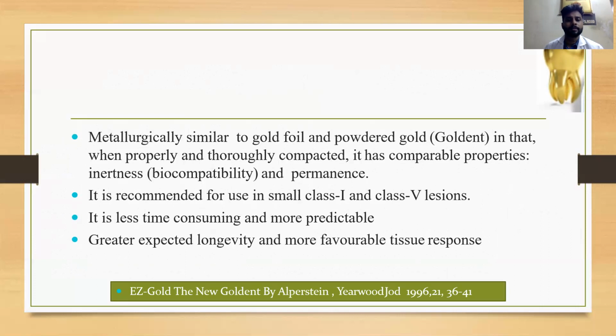It is metallurgically similar to gold foil and powdered gold in that when properly and thoroughly compacted, it has comparable properties such as inertness and permanence. It is recommended for use in small class 1 and class 5 lesions. It is less time consuming and more predictable, with greater expected longevity and more favorable tissue response. So Easy Gold is the new Goldent.